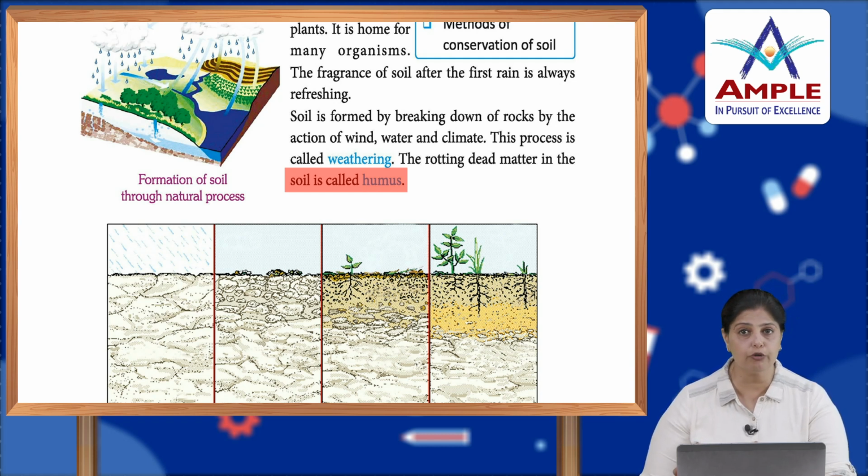Then tiny parts of these rocks combine with dead plants and animals from the soil. Dead plants and animals always go into the soil, they are buried in the soil only. Then plants start to grow on the topmost layer of the soil, and new plants are formed.